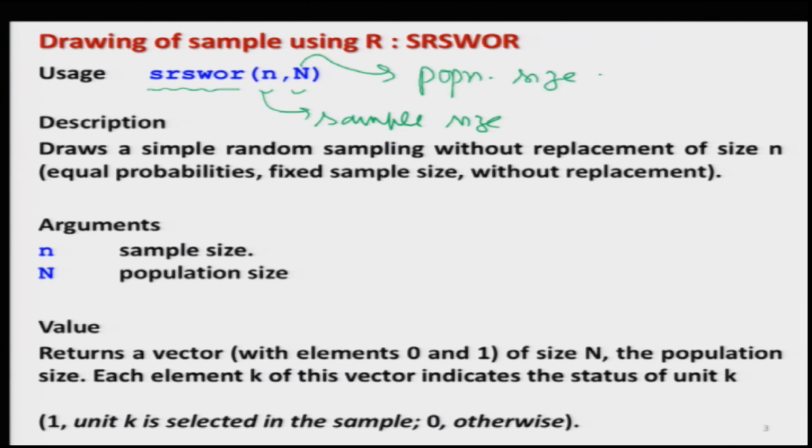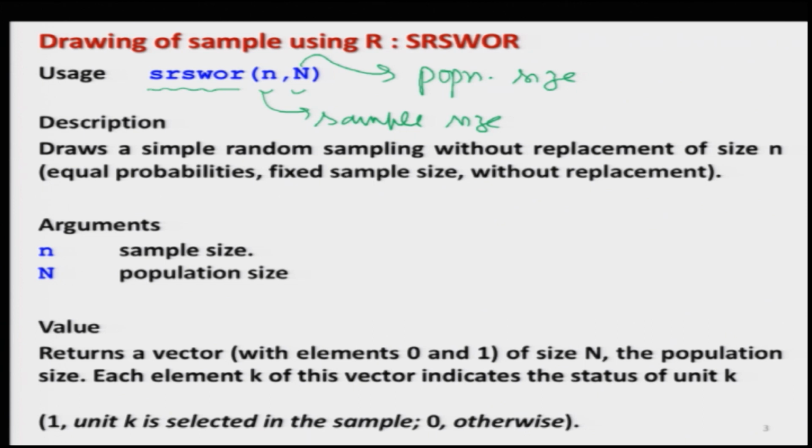So, essentially, write the command srswor, and inside the parenthesis first write the sample size which we want and then the population size.